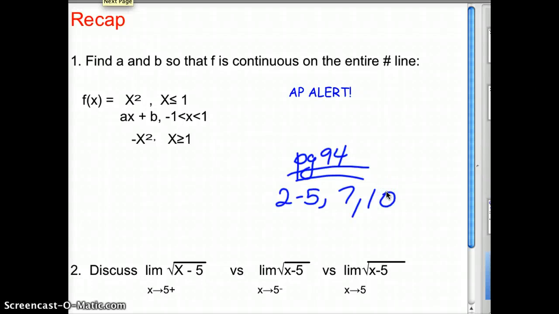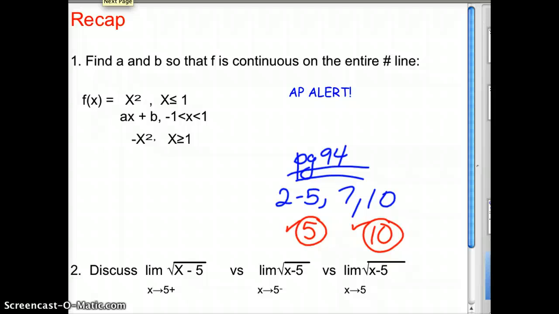I'm going to tell you right now that one of the test forms has number 5 on it, and one of the test forms has number 10 on it. Okay? So kind of know that. Make sure you know this one, make sure you know this one. Don't need to explain them quite as in detail as the packet does, but I just narrowed it down to 2 of them.